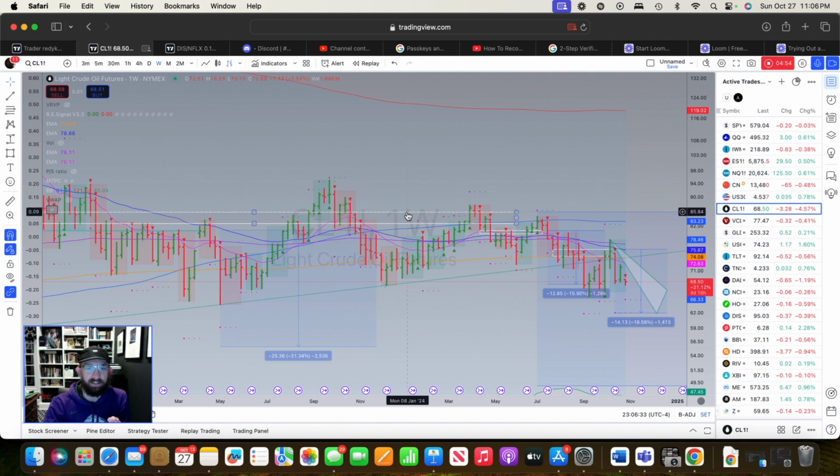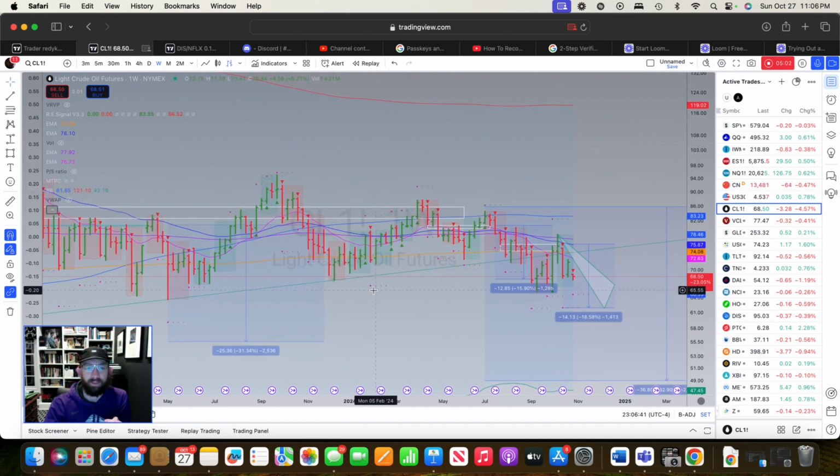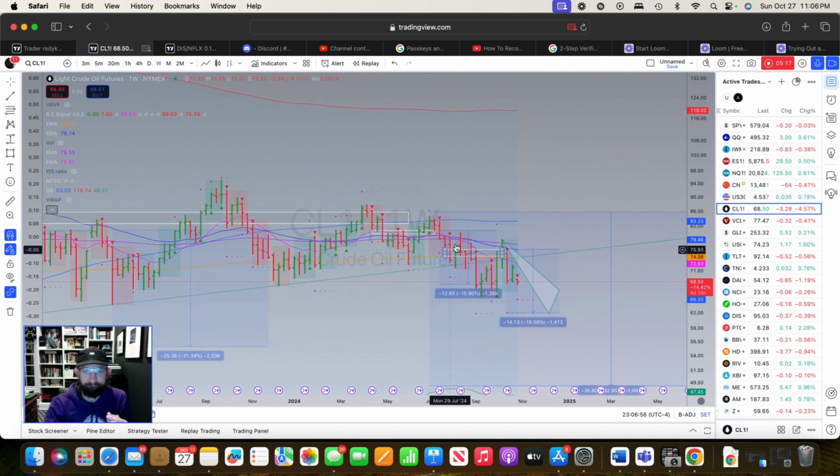And this is a box I just drew, so this has no bearing. This is all past price action. Then it failed, it came back down. It tried to go up again, but it failed again. That's kind of interesting, right? It failed below the middle of the upper periods there. Then it tried to go back down, and then it tried to go back up.